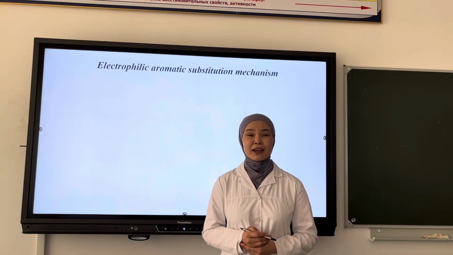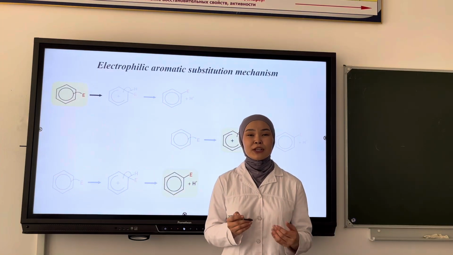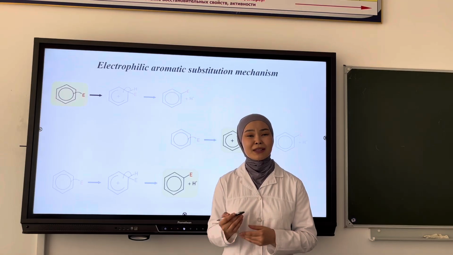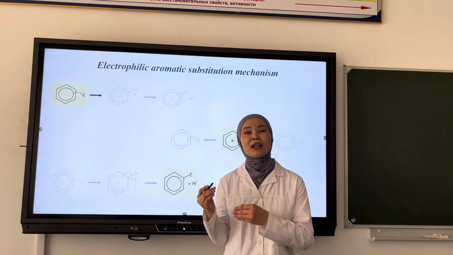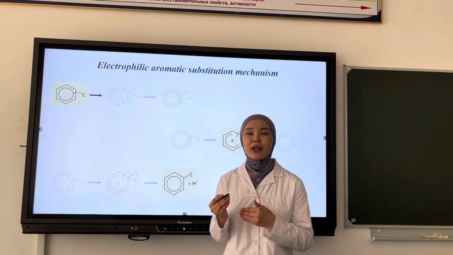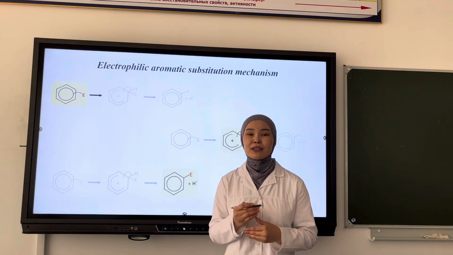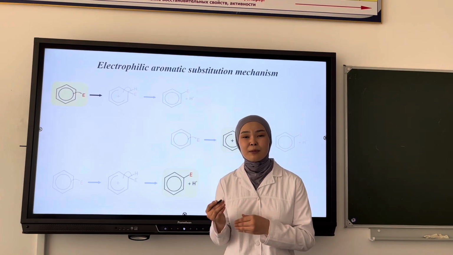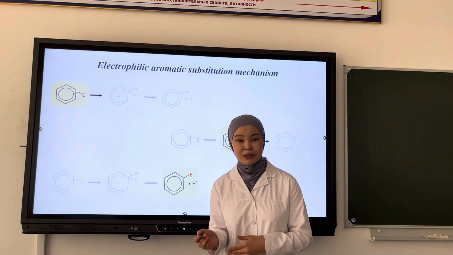Next, the electrophilic aromatic substitution mechanism. Electrophilic substitution is a mechanism observed in aromatic rings like benzene, phenol, and phenylamine. An electrophile is defined as an electron pair acceptor. This means it will have an atom with a full or partial positive charge that is able to attract and accept an incoming pair of electrons.